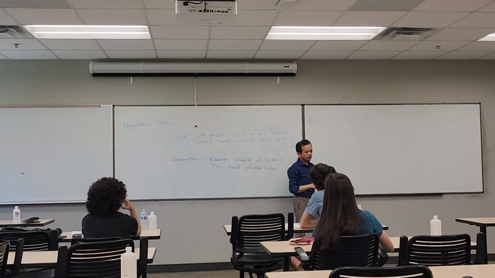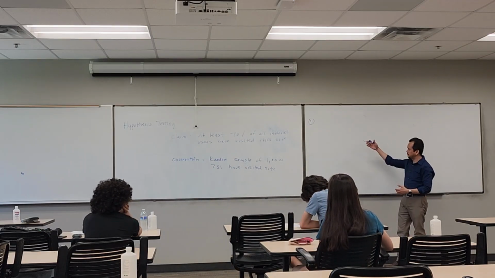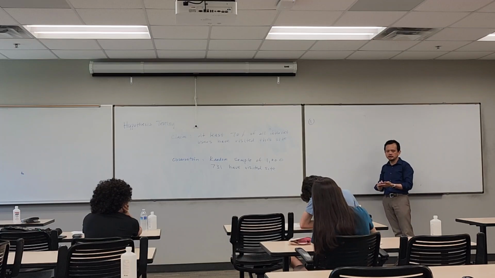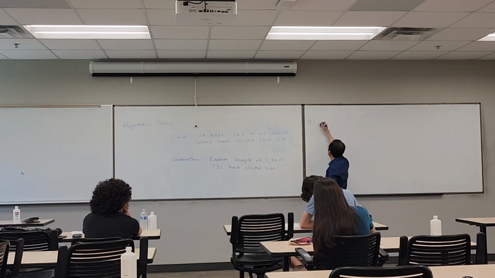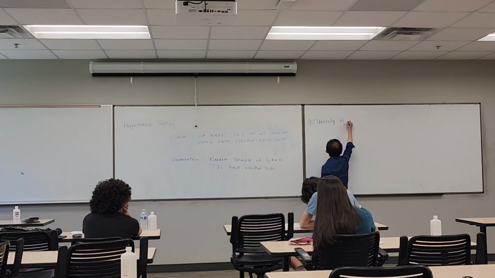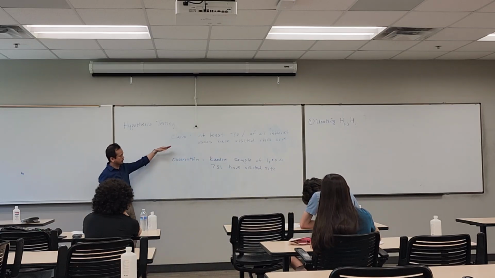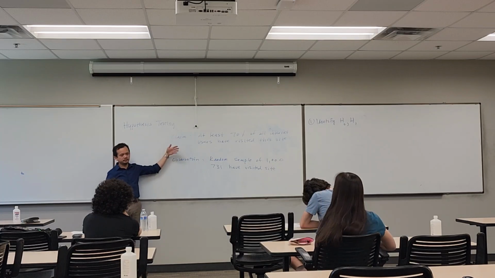So identify the null hypothesis and the alternative hypothesis, or in mathematical symbols, identify H0 and H1. The way that we identify those two statements is we start with the original statement we started out with, and that always has an opposite statement that we can call the counterclaim.